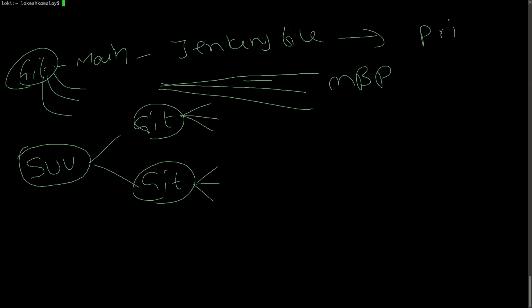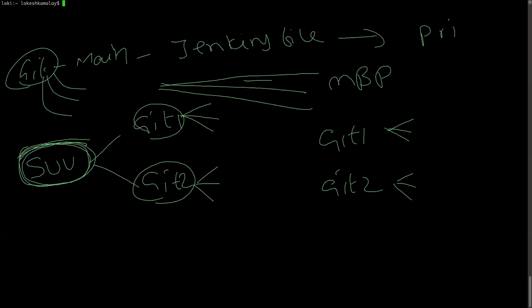If you create a GitHub project, it will scan the entire organization. This is Git repo 1, Git repo 2. It creates a Git repo 1 of multi-branch pipeline and Git repo 2 of multi-branch pipeline. Then it creates 3 jobs automatically.